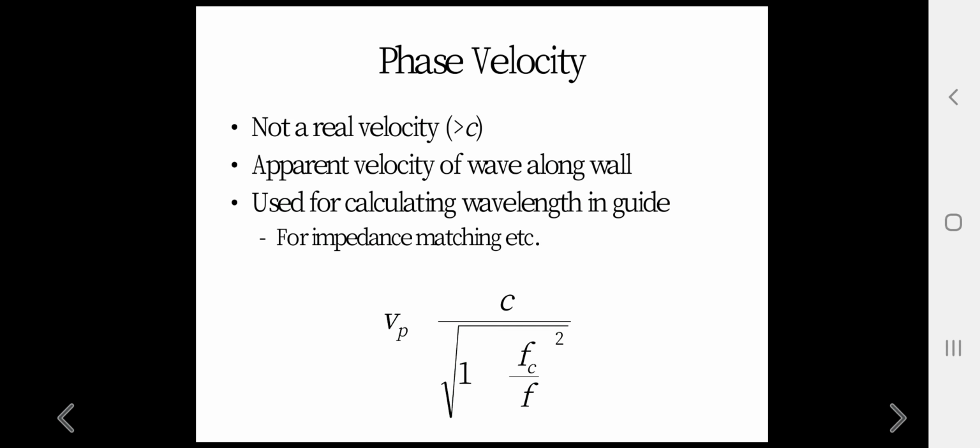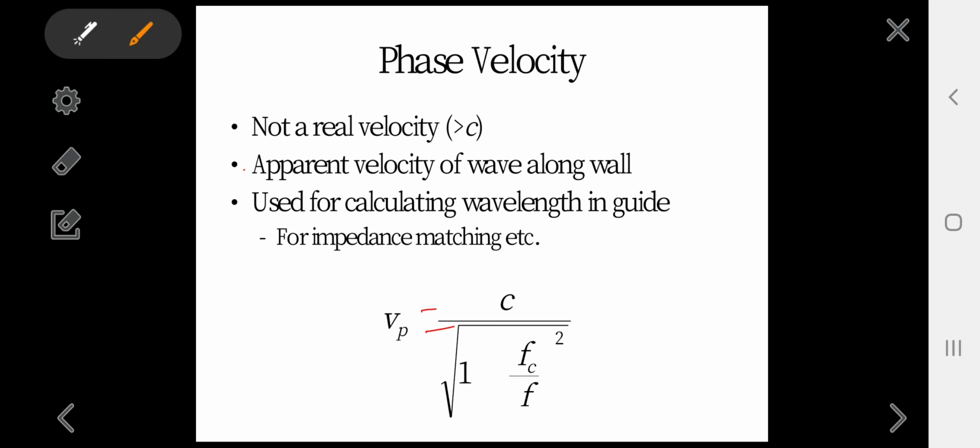Now come to the phase velocity. It's not a real velocity which is greater than c; it is an apparent velocity for a wave along the wall, used for calculating the wavelength in the guide. It's very important for calculation purposes.